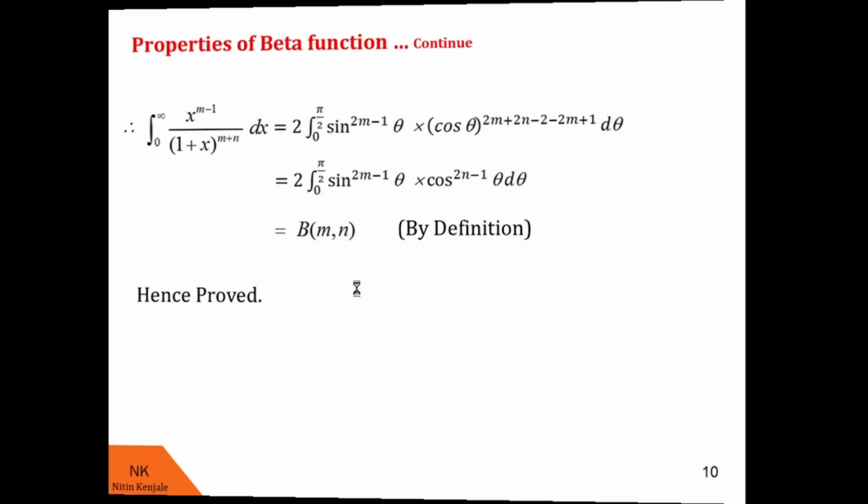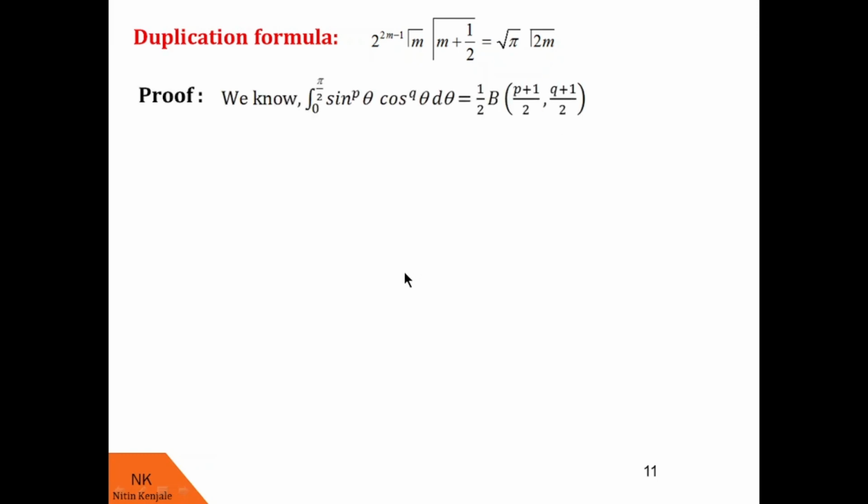Now next we see the duplication formula, which states that 2 raised to 2m minus 1 into gamma of m into gamma of m plus half is equal to root pi into gamma of 2m. Let's prove this. We know that integral of sin raised to p theta into cos raised to q theta d theta over the limit 0 to pi by 2 is given by half beta of p plus 1 by 2 comma q plus 1 by 2.